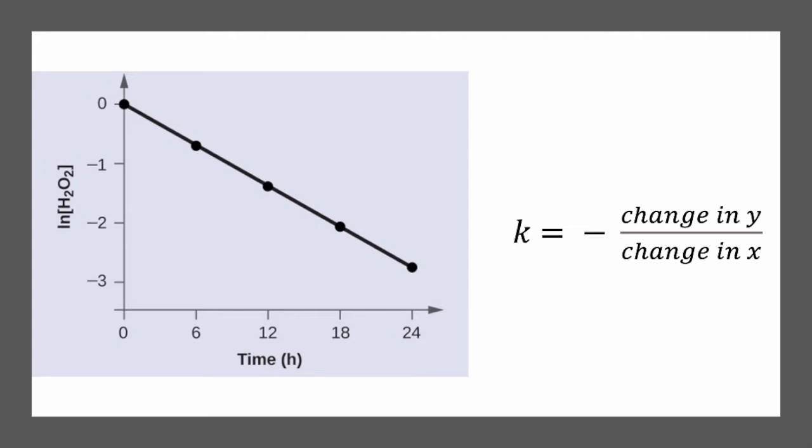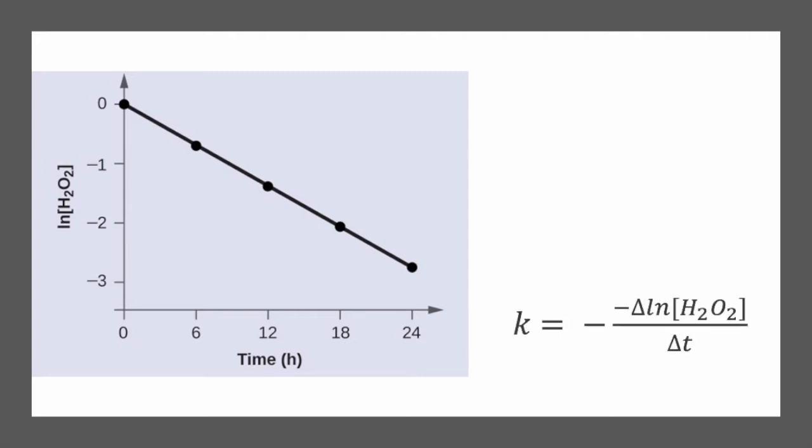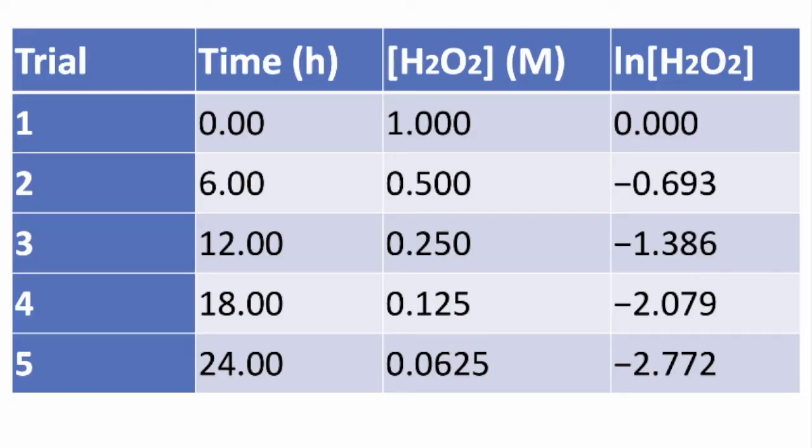The change in y is the change in the natural log of the concentration of the reactant, and the change in x is the change in time. To calculate k by using the slope, we could pick two points on the graph and use the x and y values to calculate the slope. Or we could go back to our data table and use values from two different trials and plug those into the equation.